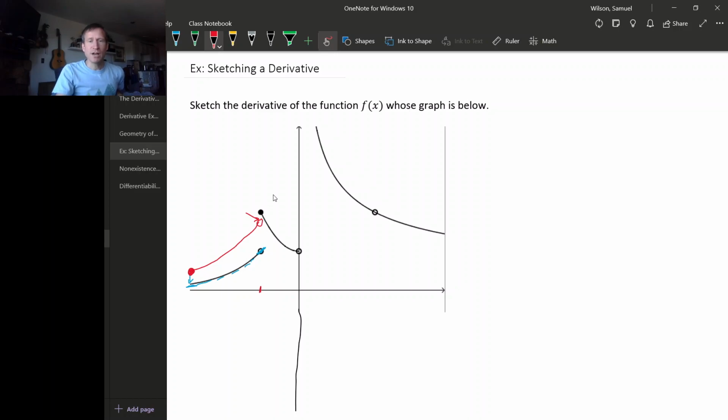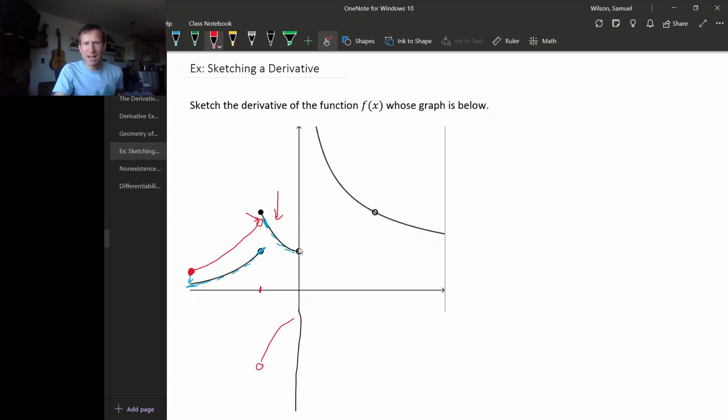Now for this next piece of the graph, the slopes of these tangent lines are negative and kind of big, but as we move further to the right, the slope is getting closer to 0. So the height of the derivative should be negative and kind of big, maybe down here, but getting smaller as we head to the right.